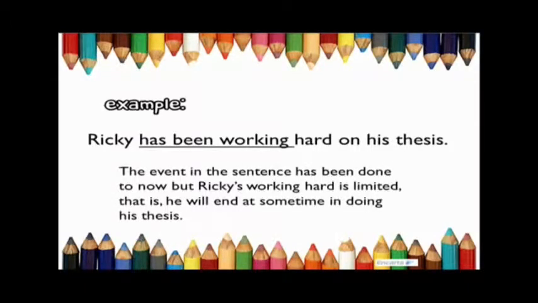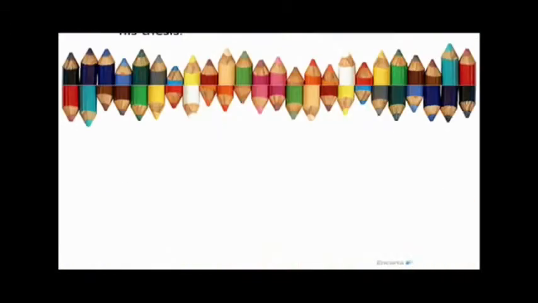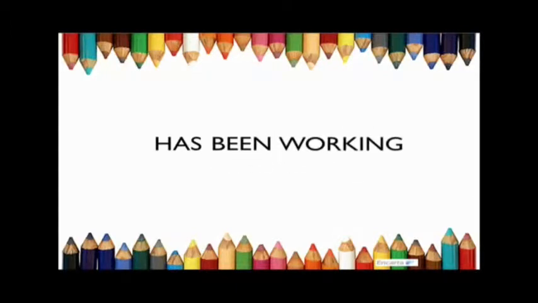The event in the sentence has been done to now, but Ricky's working hard is limited. That is, he will end at some time in doing his thesis. And it also follows the formula where the modal has is used plus been plus working, which is the present participle.